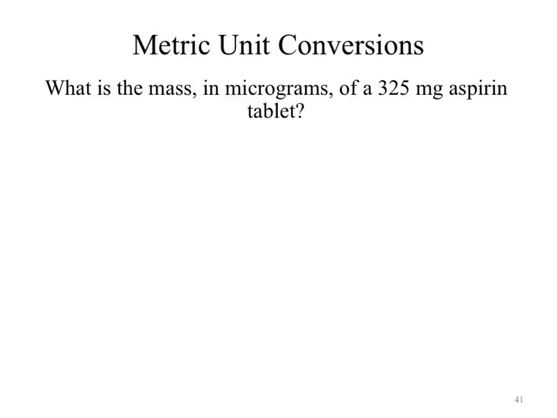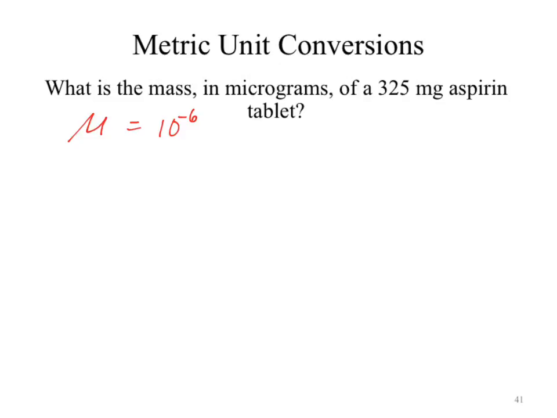So real quickly, spend a quick second and set up the work. What is the mass in micrograms of a 325 milligram aspirin tablet? We've done this conversion a couple times. So, how do we start all of our conversion problems?